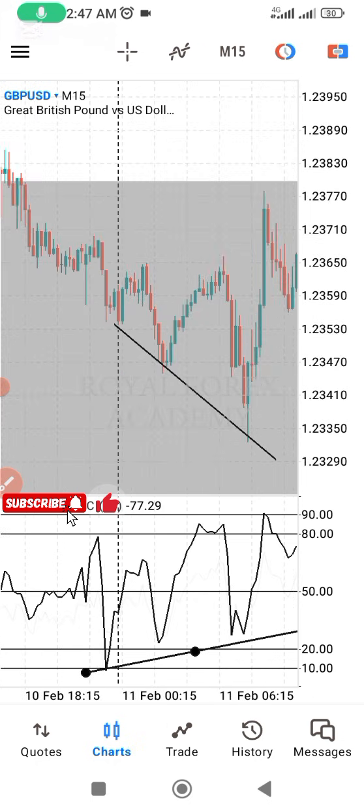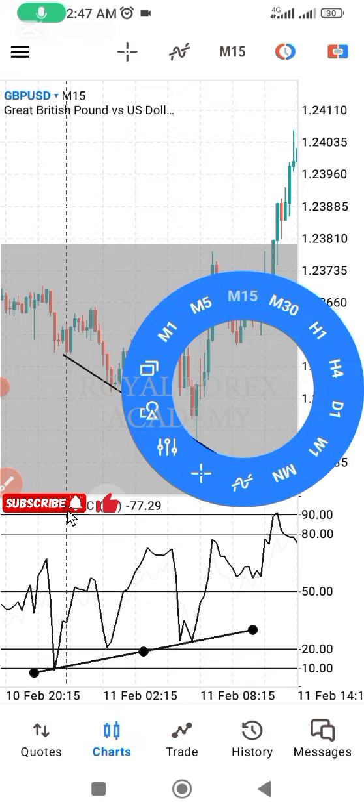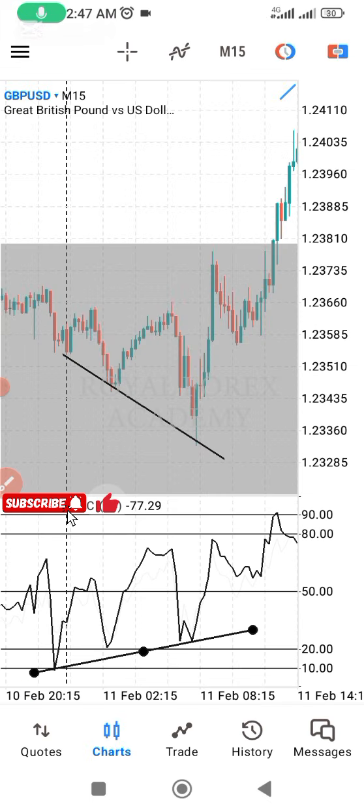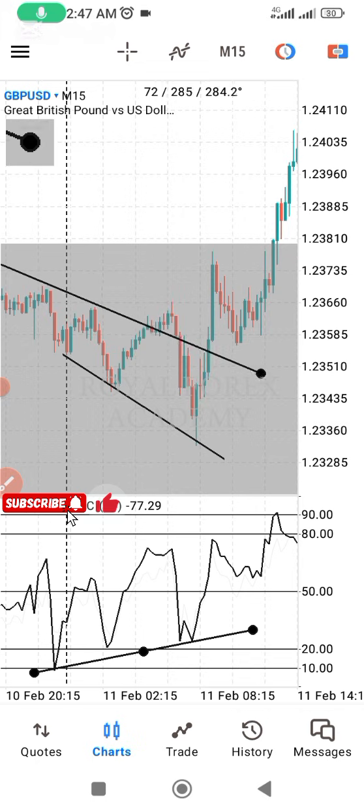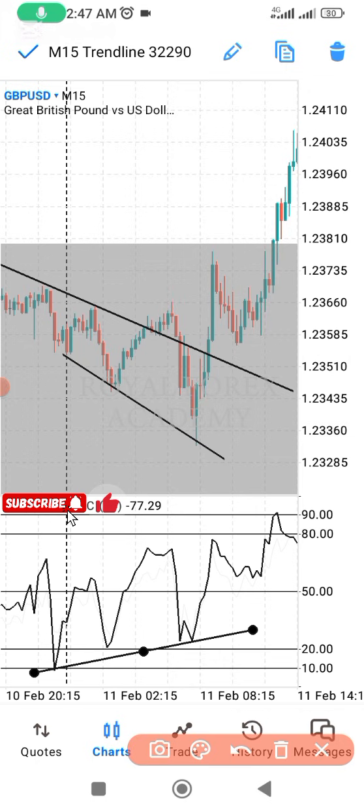And remember I told you that on my 15-minute time frame, here is my trend line being connected, and as you can see, price breaks out of this trend line, retests it, and moves to the upside. So this strategy works.